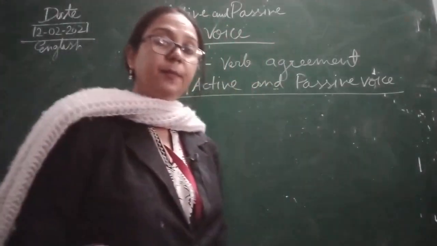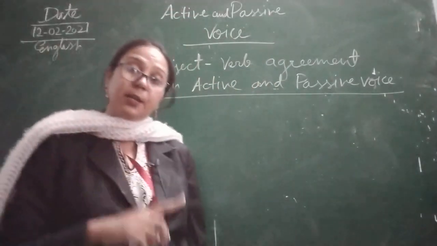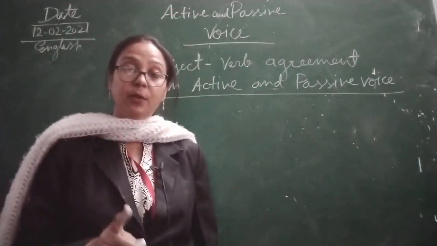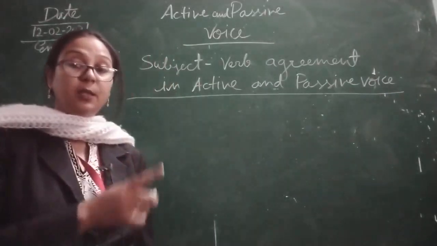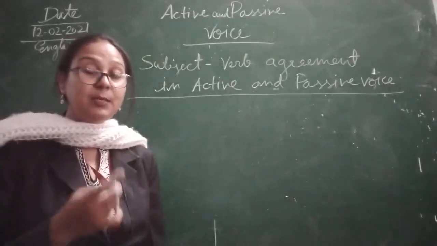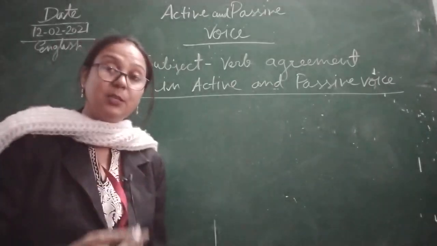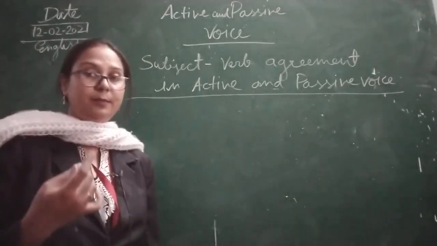Subject verb agreement means that the subject and verb agree together, or in other words, the verb agrees with the subject. If the subject is plural, the verb becomes plural.